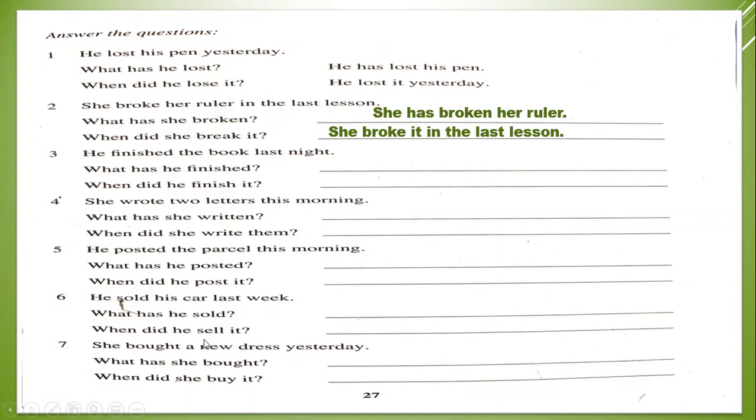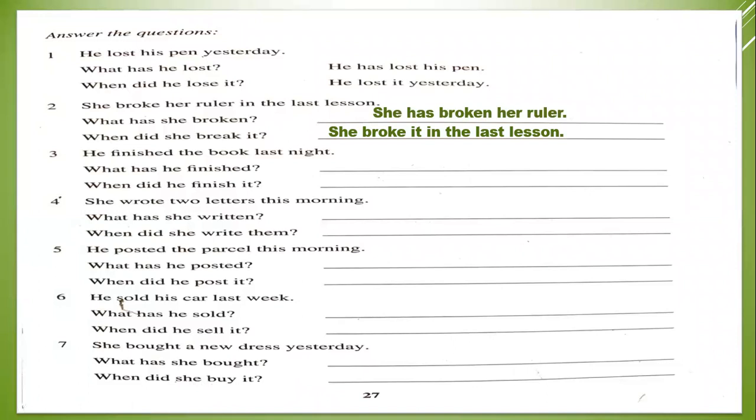When did he sell it? He sold it. Again, the word sold: sell, sold, sold. He sold it last week. She bought a new dress yesterday. What has she bought? She has bought a new dress. When did she buy it? Buy, bought, bought. She bought it yesterday.